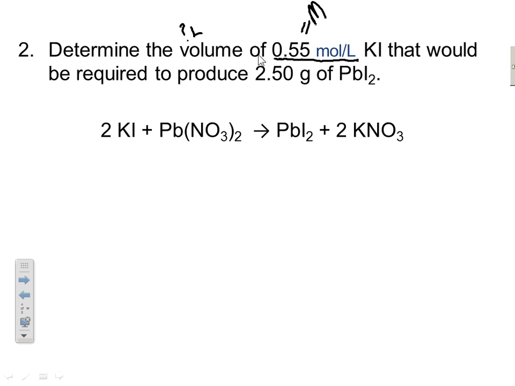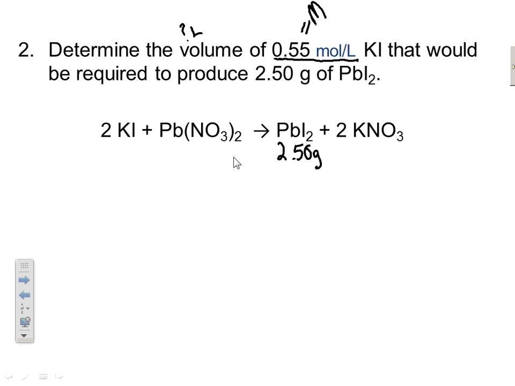So determine the volume of 0.55 moles per liter KI that would be required to produce 2.5 grams of lead iodide. 2.5 grams. So that's the mass we want to produce, again in our gram line, 2.50 grams.